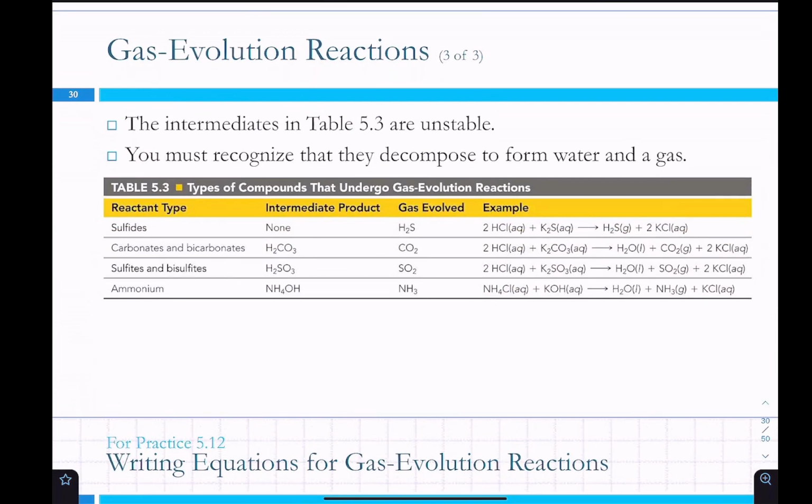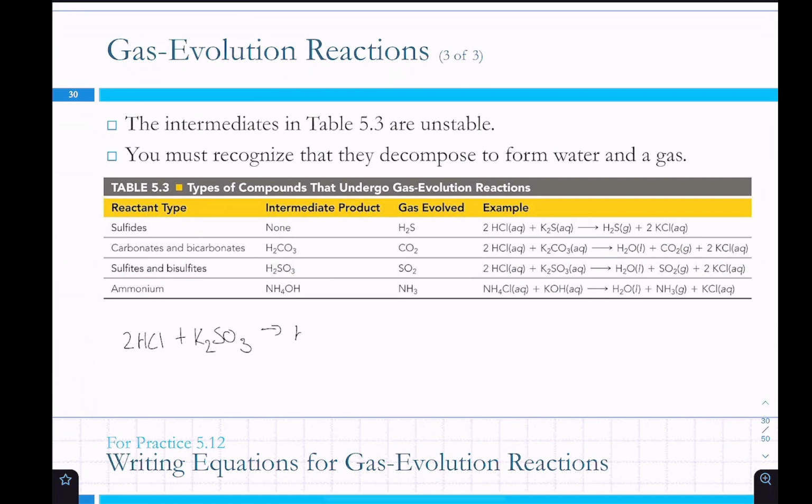The other one that, well, actually, interesting, they don't have them written out this way here. So sulfites and bisulfites. So H2SO3, which my tip to you is that it's sort of the same structure as H2CO3. H2SO3 also decomposes to form sulfur dioxide gas and liquid water. So here it's all written out as a single step, but you could indicate this as something like 2HCl plus K2SO3.